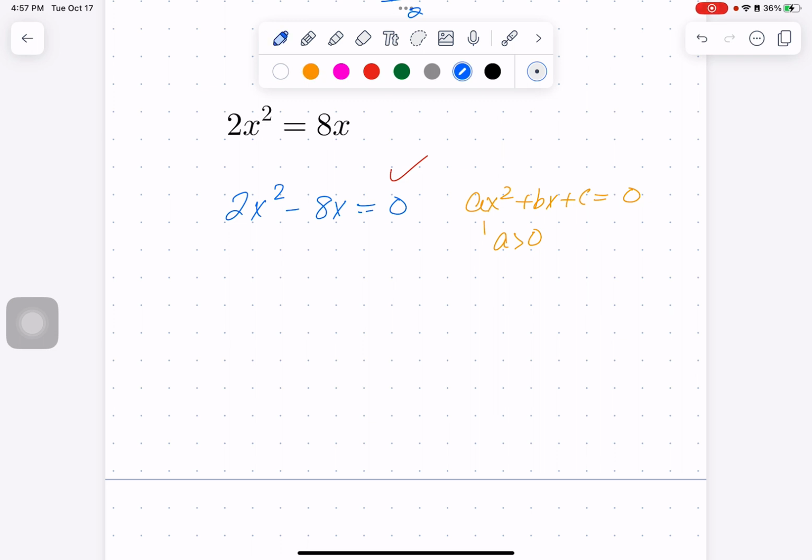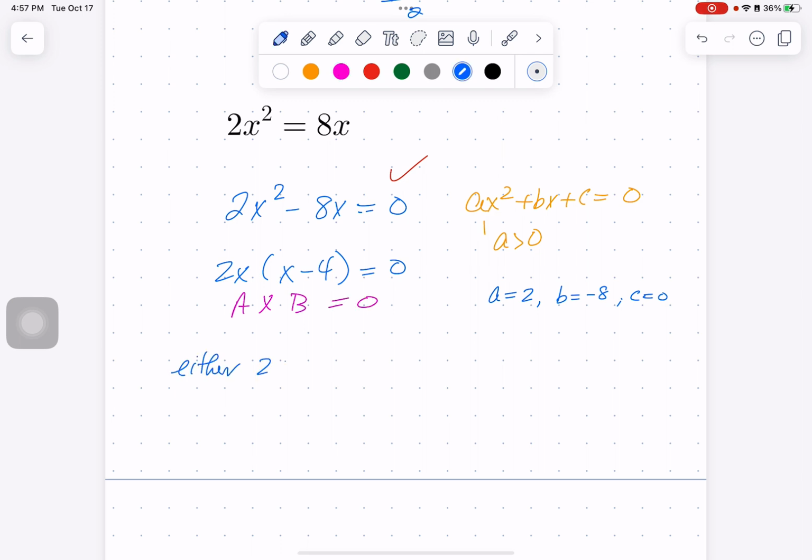Most of you are going to use the quadratic formula where a equals 2, b equals -8, and c equals 0. Not me. I'm going to common factor. Look at me go. I've got 2 things that multiply to give 0. That means either 2x equals 0 or x minus 4 equals 0.